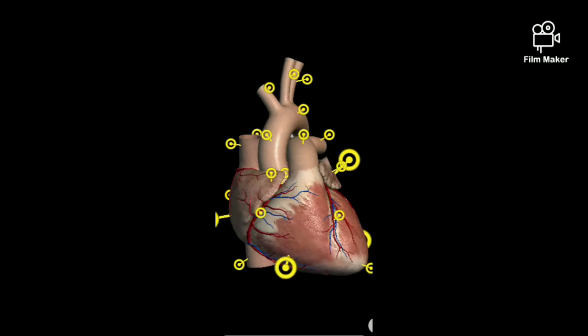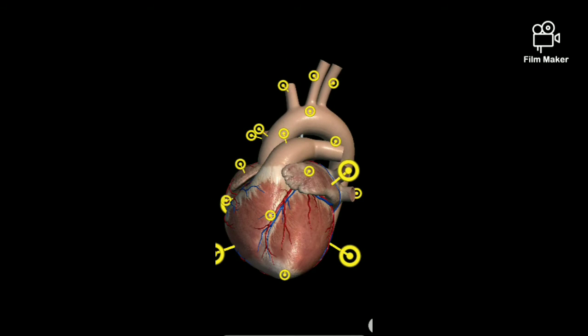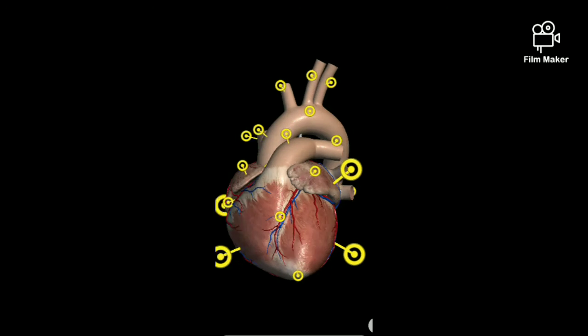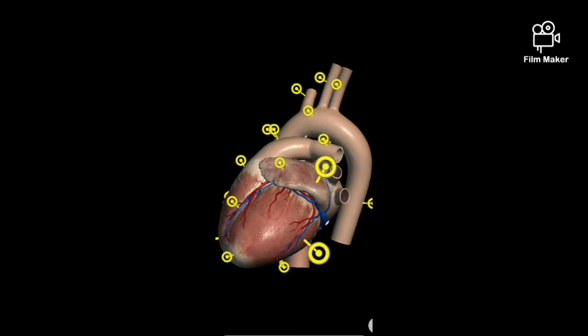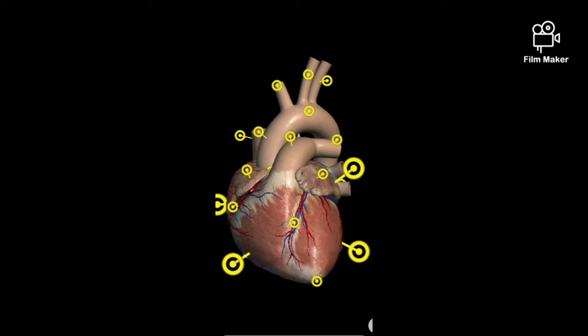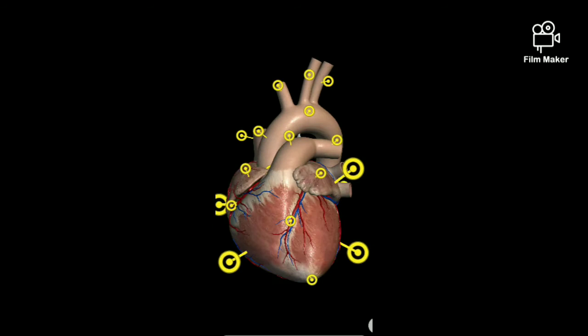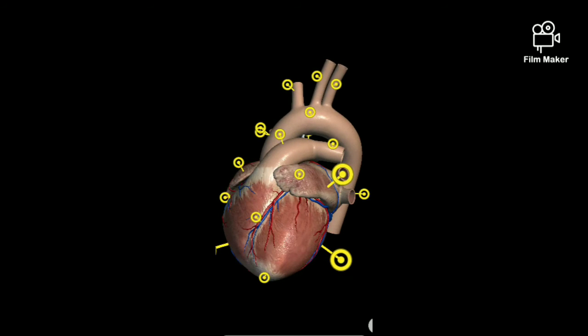What is the clinical feature of the atrial septum? An atrial septal defect is an abnormal opening in the interatrial septum persisting after birth. The most common site is the foramen ovale, known as a patent foramen ovale. In the adult, left atrial pressure is usually greater than right atrial pressure, so blood is shunted through the opening from left to right.